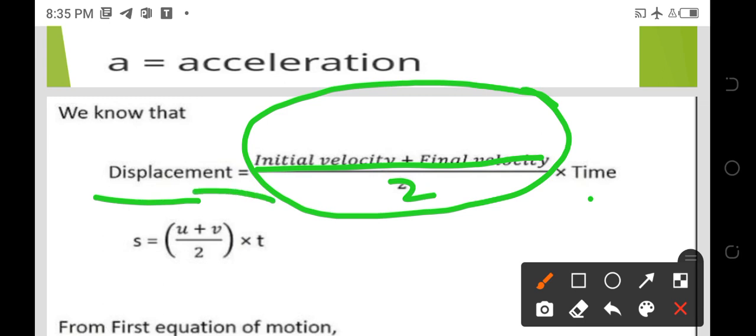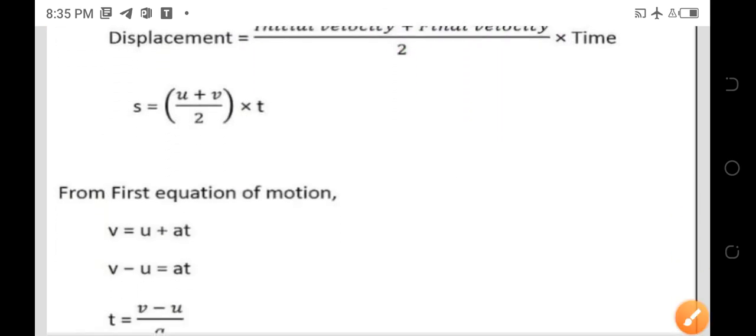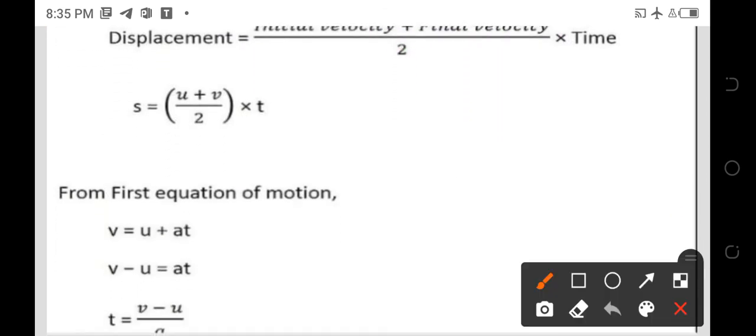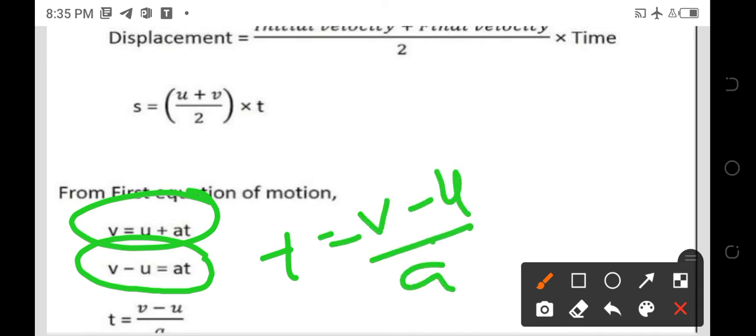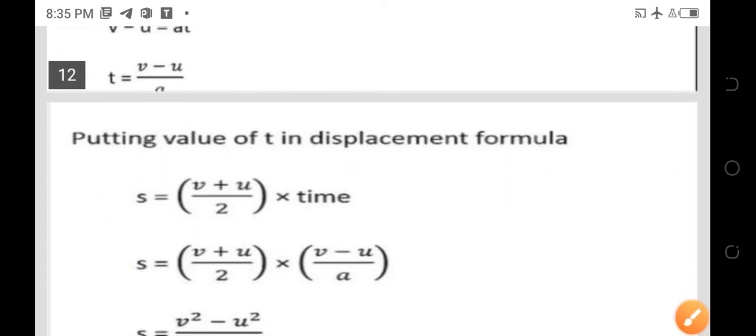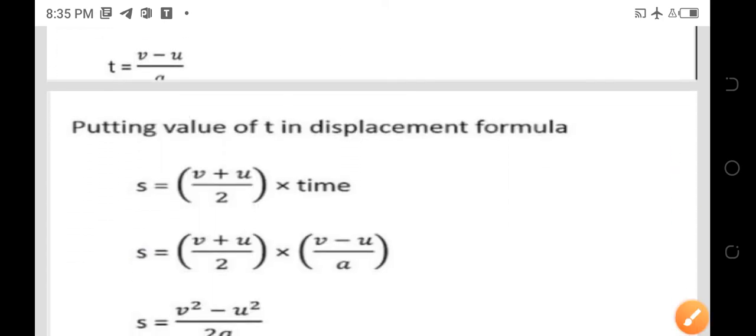That means s equal to u plus v by 2 into t. But you know what is t? From equation 1, v equal to u plus at, v minus u equal to at, then t equal to v minus u by a.